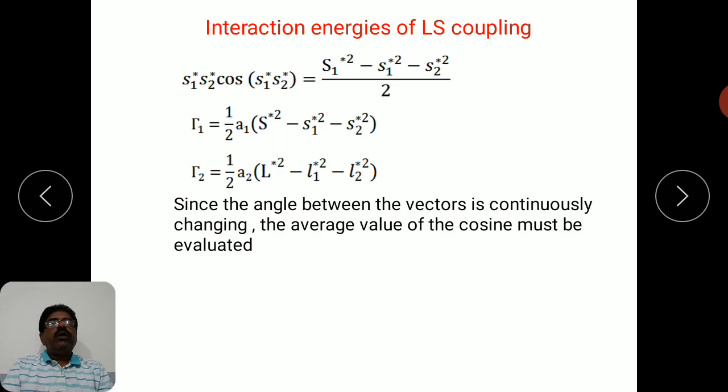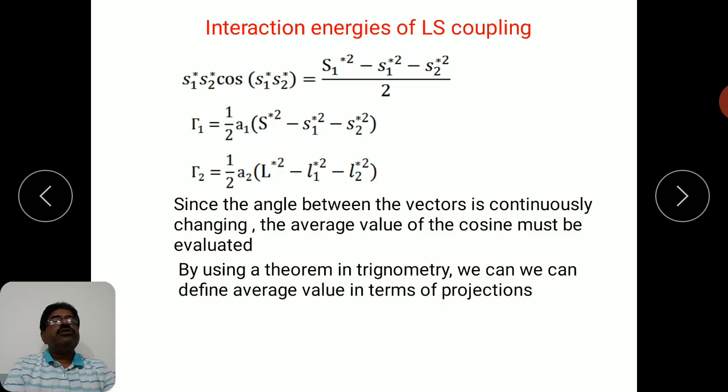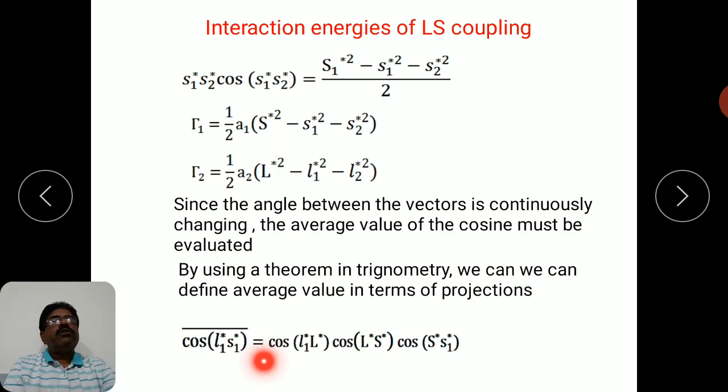And in order to evaluate this average value, certain trigonometrical laws and the projections of the vectors are considered. All these details we are not going to discuss here; I will just take those relations. So using the theorems in trigonometry, we can define the average value in terms of the projections. For example, cos of L1 star S1 star you can define as cos of L1 star L star into cos of L star S star into cos of S star S1 star.